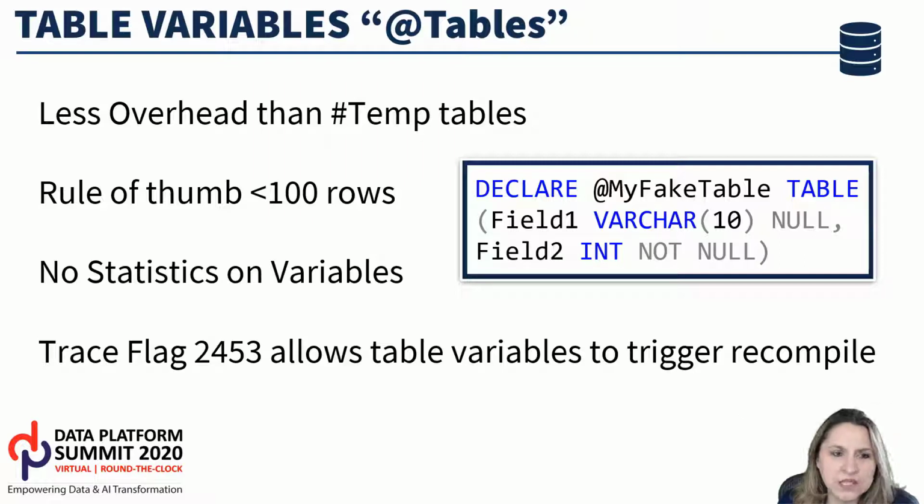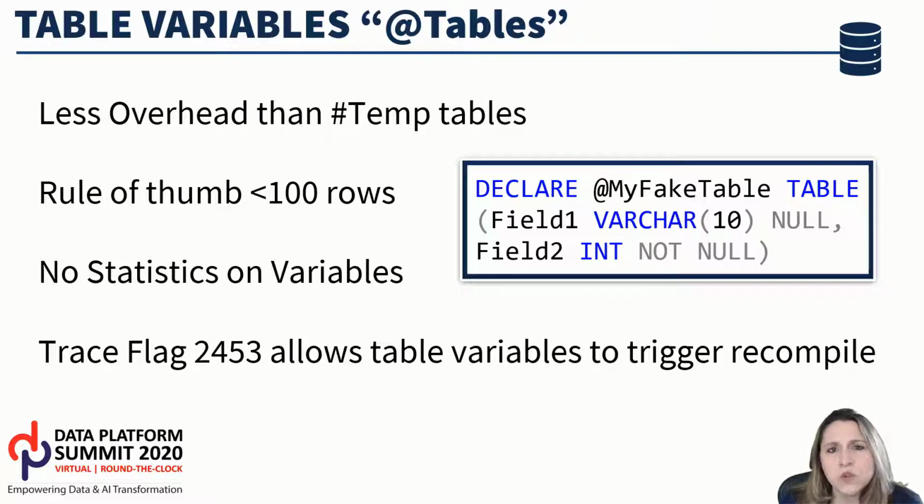Now there is a trace flag 2453 for table variables. We're going to dig into this a little more and you'll see a demo, but table variables in the olden days, previous versions to 2019, and we'll talk about those options later, actually created an issue for us, which is why we go with less than 100 rows. It actually shows us an estimated row count of 1.